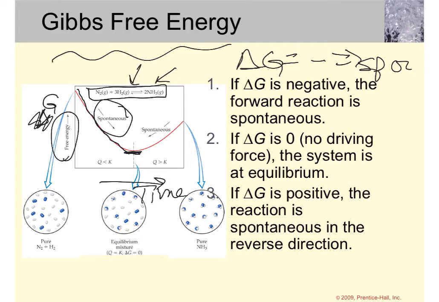And at that bottom point, and we haven't learned much about equilibrium yet, but just to plant a seed, that is equilibrium. And at this point, there's no driving force to go either way. It is the most stable. Remember that nature favors the lowest possible energy. And so this is the most stable.